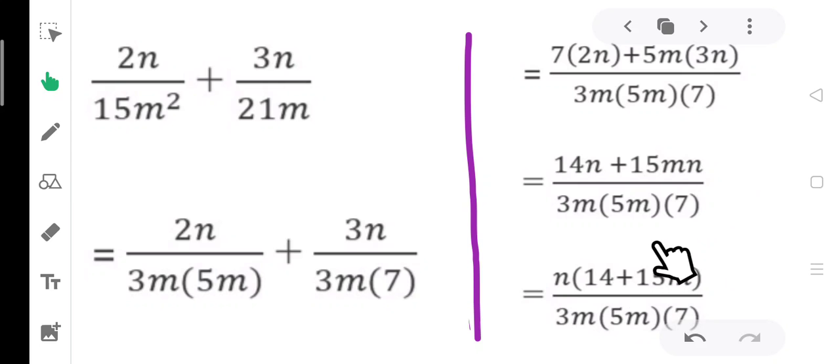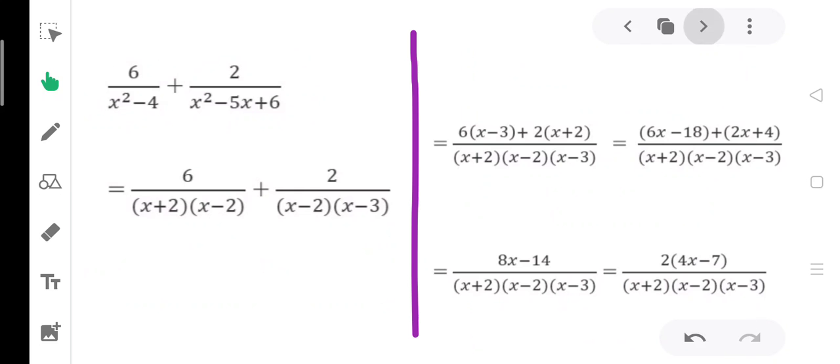Then just copy the LCD. Since we could not find any common factor in the numerator and denominator, this means this is our final answer.